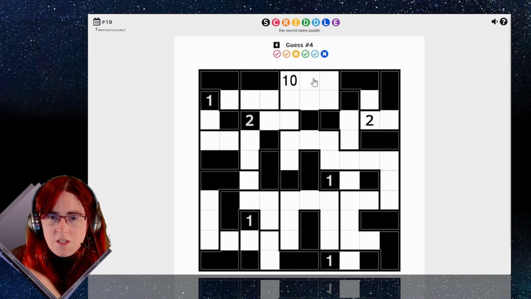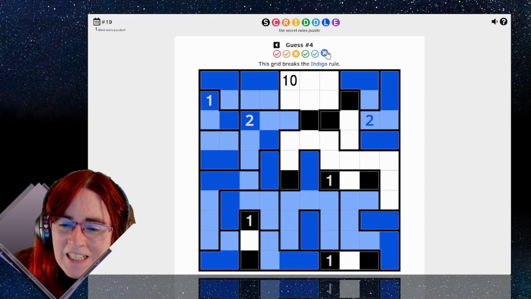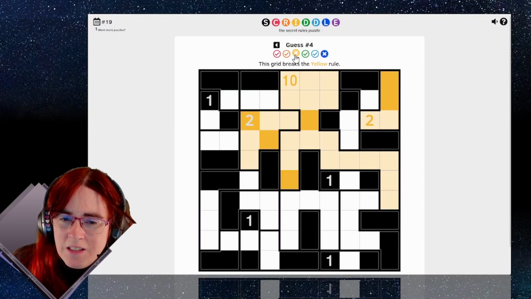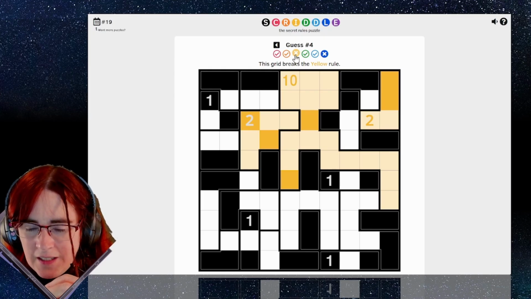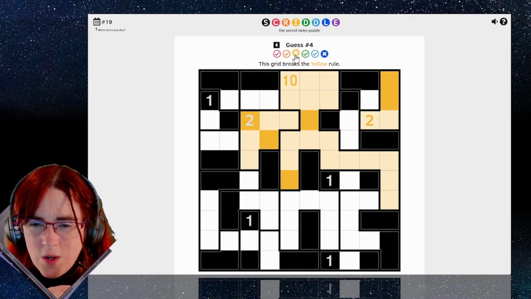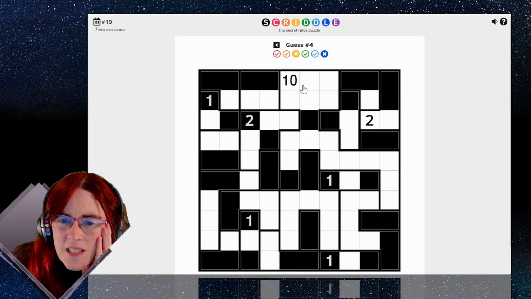Okay, so yeah, we failed the indigo rule catastrophically. That's okay. We can work on that one. We failed the yellow rule. What is the yellow rule? Because this is to have 10.